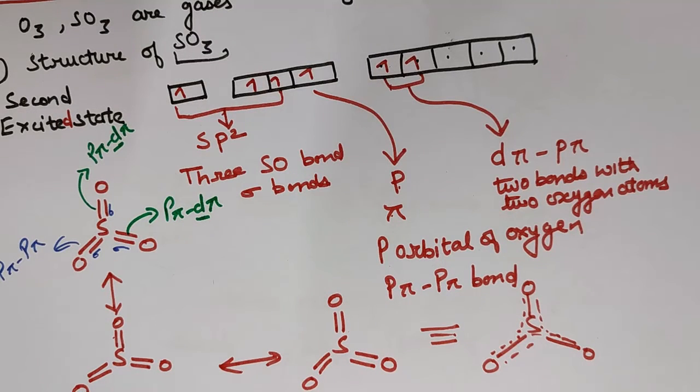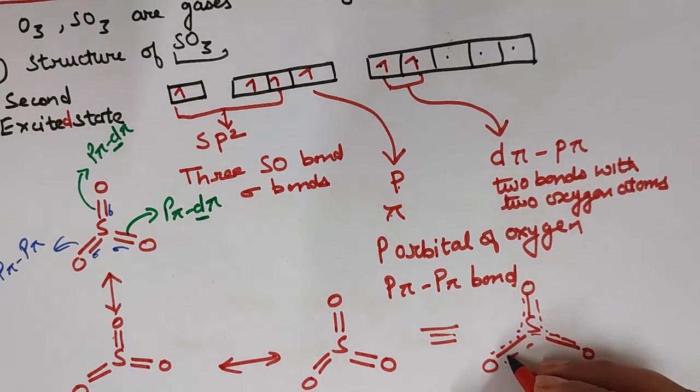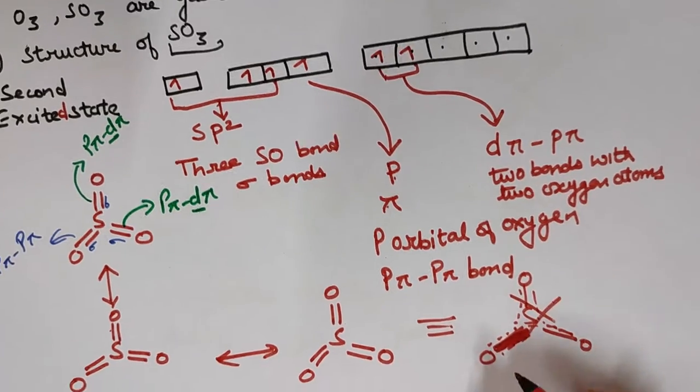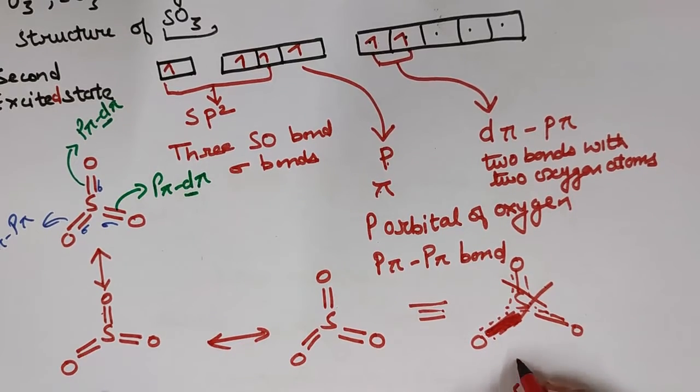Not this one, it will be like this. I will make it again. So it will be sulfur, oxygen. This shows double bond, this shows double bond, this shows double bond.